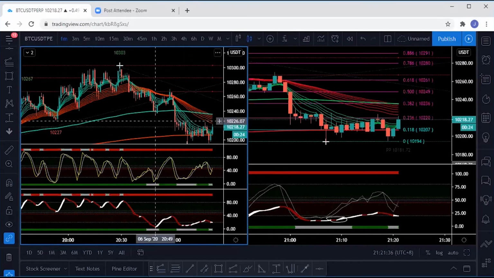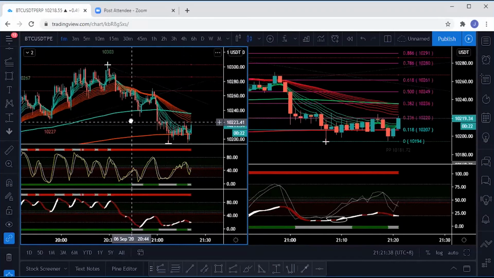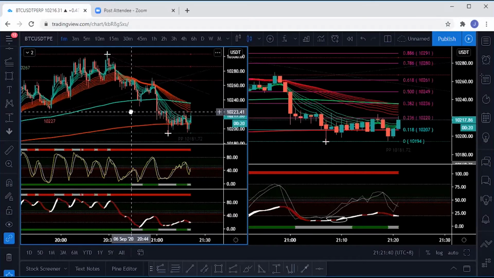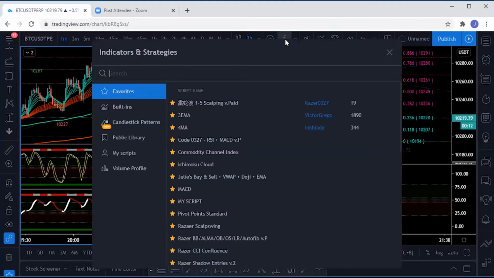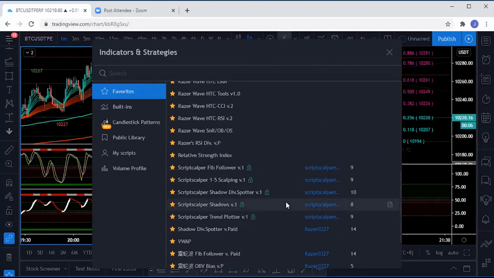But if you have already mastered how to spot a divergence, you can take that out from your chart, or if you want to, you can add that in your 1 minute chart, because that is where we are going to enter.